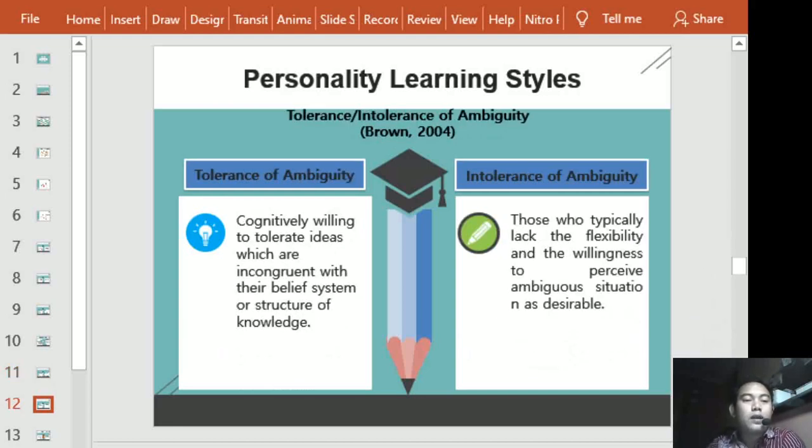And then we have tolerance versus intolerance of ambiguity. This is based on Brown 2004. The tolerance for ambiguity is another style dimension of language learning. It concerns the degree to which learners are cognitively willing to tolerate ideas which are incongruent with their belief system or structure of knowledge.